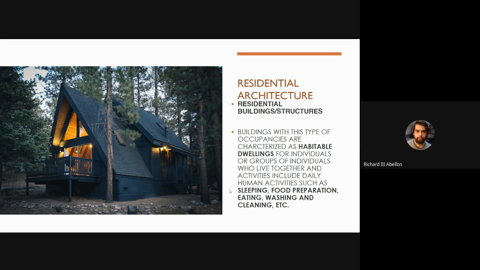For individuals or groups of individuals who live together, and activities include daily human activities such as sleeping, food preparation, eating, washing, and cleaning, and so on. So basically, everything in the daily routine or daily living, yun yung activities na ginagawa. But it all boils down to the main purpose, which is the shelter for human beings. So habitable dwellings, yun yung ating dinidesign sa residential architecture.